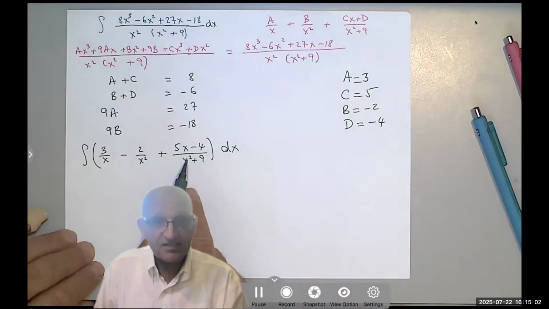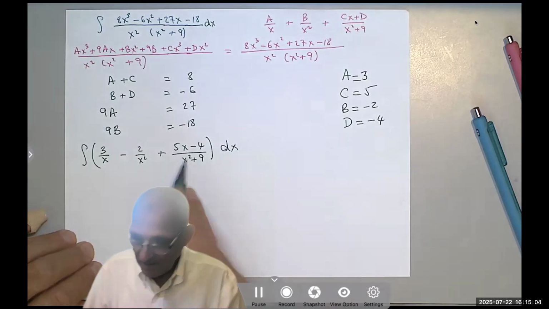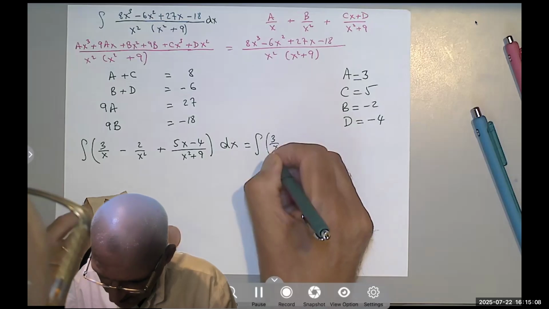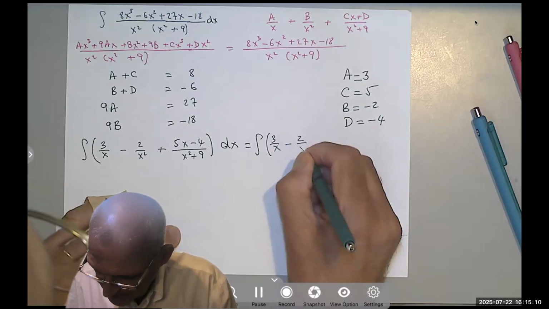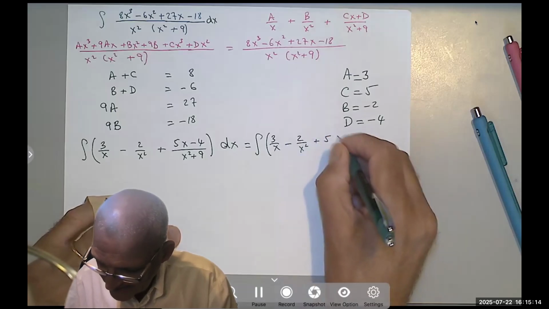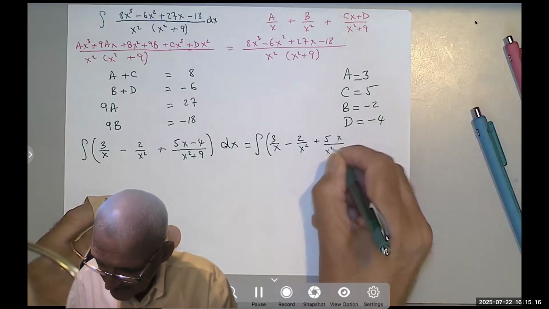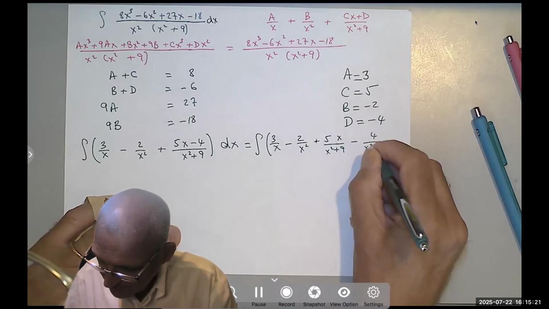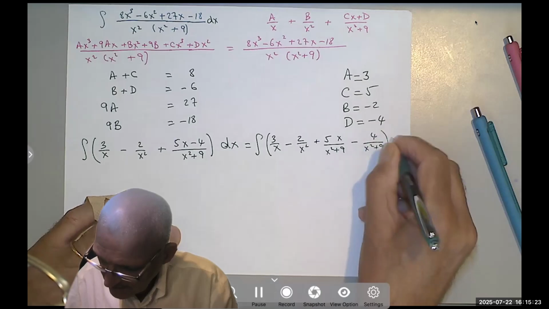I'm going to break this also. So that would be the integral of 3 over x minus 2 over x squared plus 5x over x squared plus 9 minus 4 over x squared plus 9 dx.